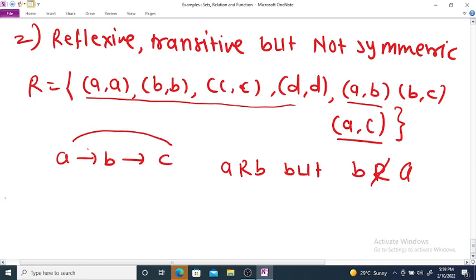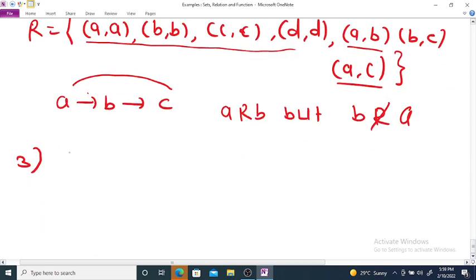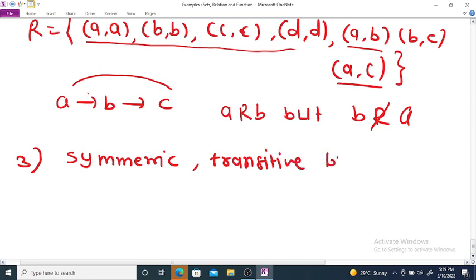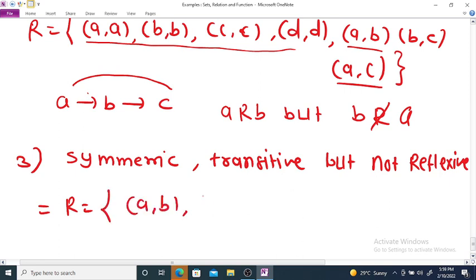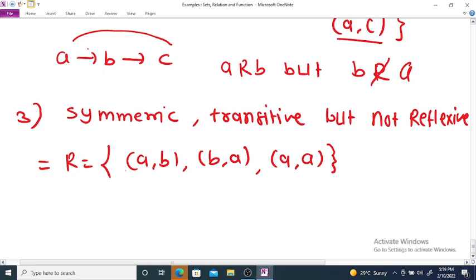And then example number 3, symmetric, transitive but not reflexive. So we can construct here set R: AB, BA and AA. Now you can see here the given relation is symmetric. Why?